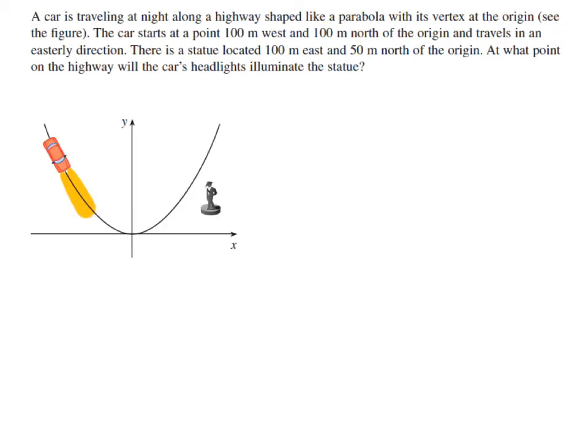The next question: we have a car which is traveling at night along a highway shaped like a parabola with its vertex at the origin. The shape is given here. The car starts at the point 100 west and 100. So we can say that the coordinate of the car is (-100, 100).